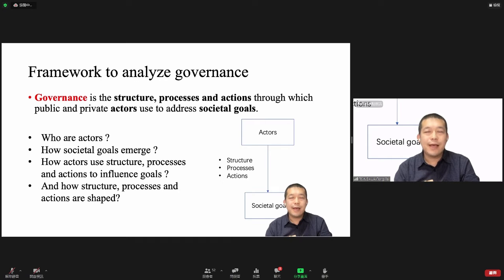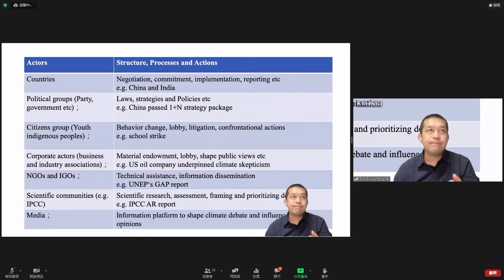And the structure, processes, and actions may include many we will talk about later, but one of them is definitely the negotiation. So that is the analytical structure we will use to discuss the governance issues.